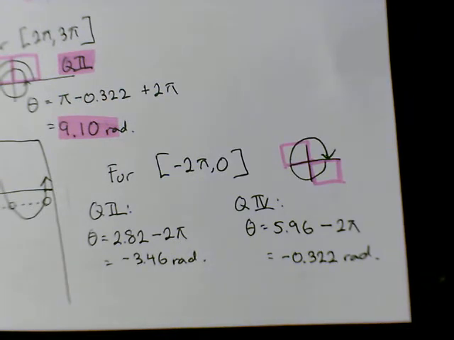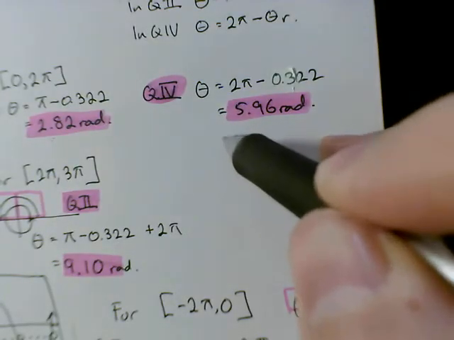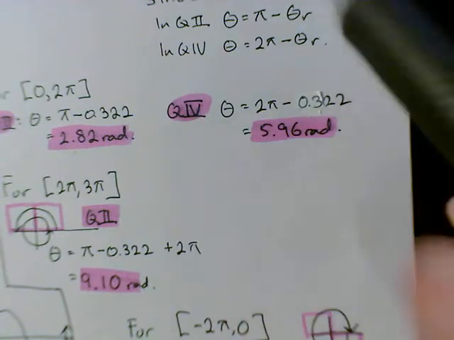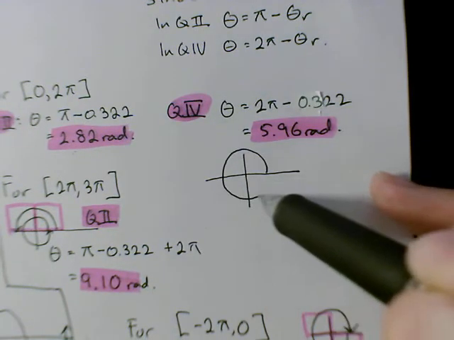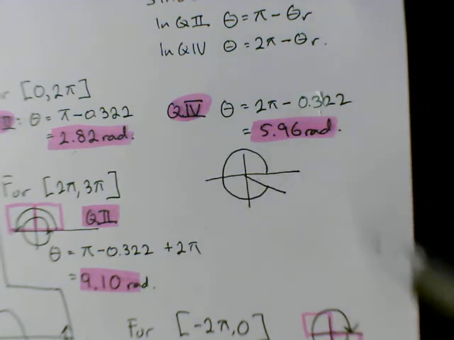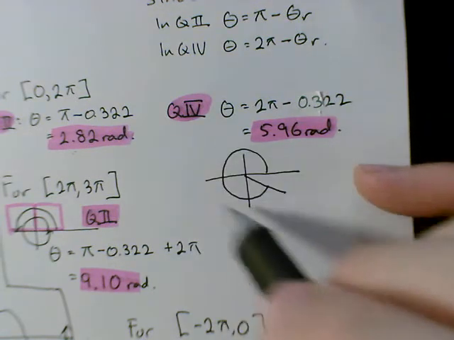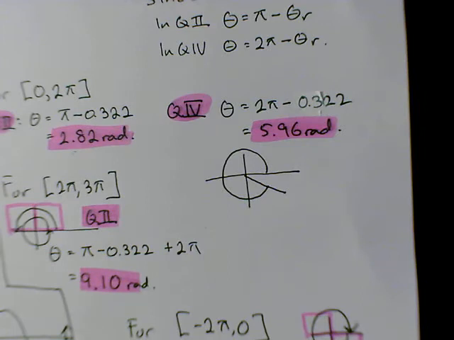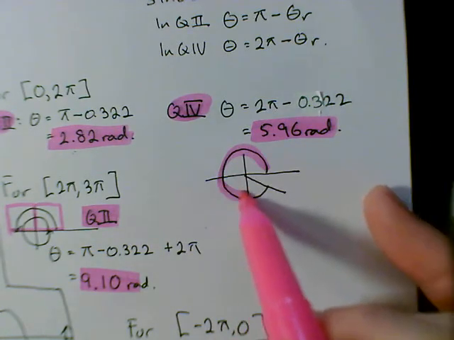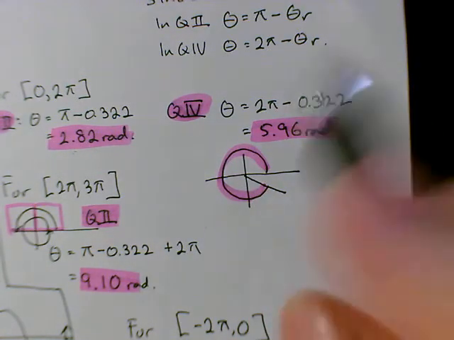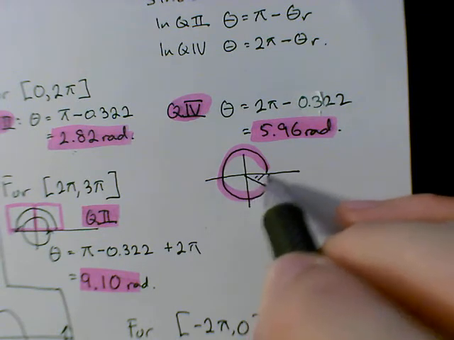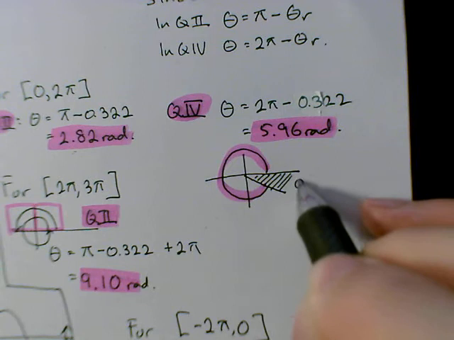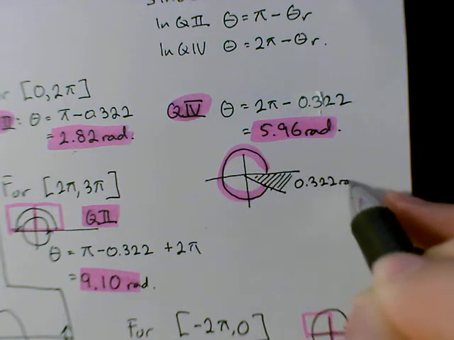And that sort of makes sense. Consider this. I'm going to look at quadrant 4 in a normal circle. Okay? This pink area is 5.96. And if you subtract it from 2 pi, this portion right here is 0.322 radians.